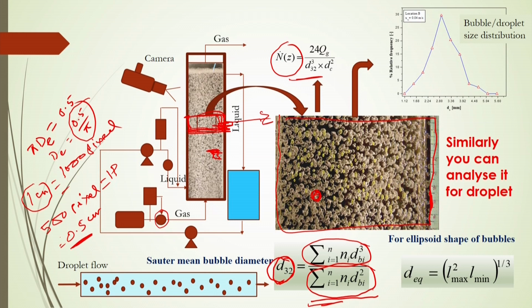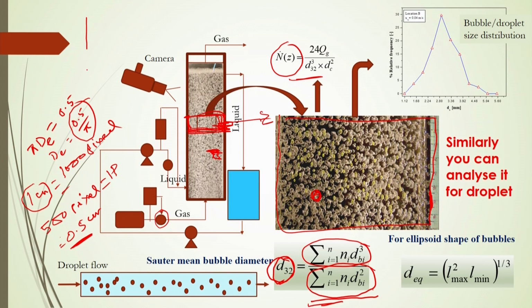So the number of bubbles within a certain class depends on the size of the bubbles. In a very small region of bubble size you may see more bubbles, or maybe more bubbles in the higher range of bubble sizes.